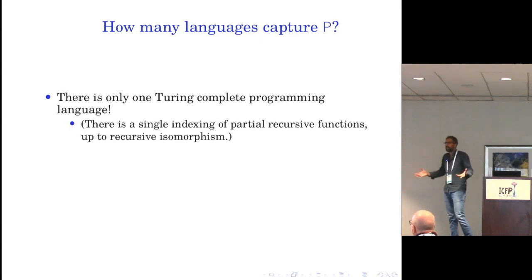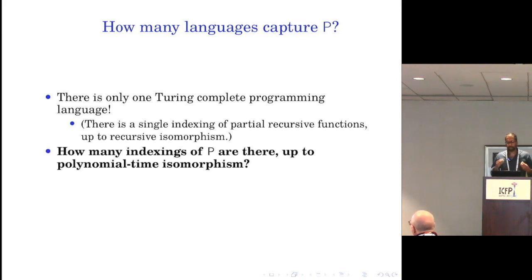So this doesn't say much. It says that we can computably compile any Turing-complete programming language into each other. But how many languages are there which capture P-time? I've just presented one, but there's a host of other so-called implicit characterizations of polynomial time. Are they the same, obfuscated a little, or are they genuinely different? So how many indexings are there up to polynomial time isomorphism?